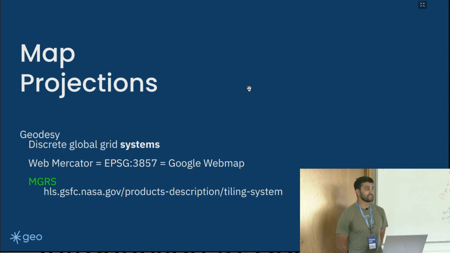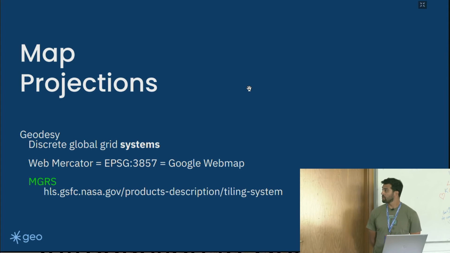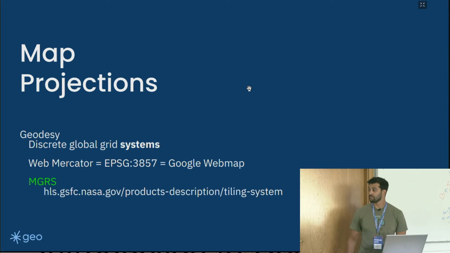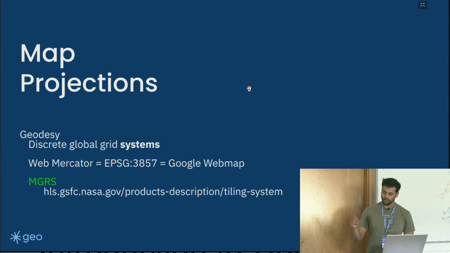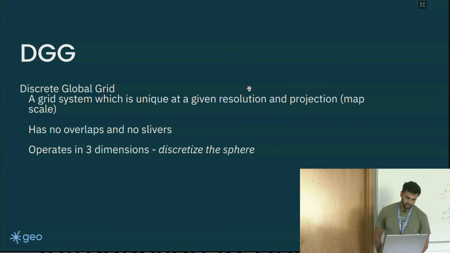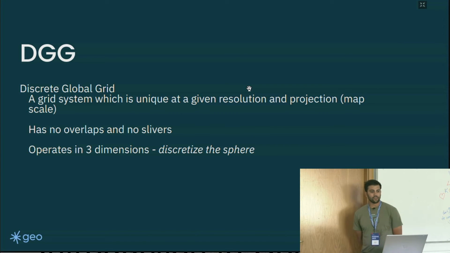It solves its need, but when you get down to the intricacies of discreteness, you want to make sure that an area on the Earth is the same ID every time. MGRS kind of fails. So we have something called Discrete Global Grid. This is a gridding system in which each cell is unique at a given resolution and projection.